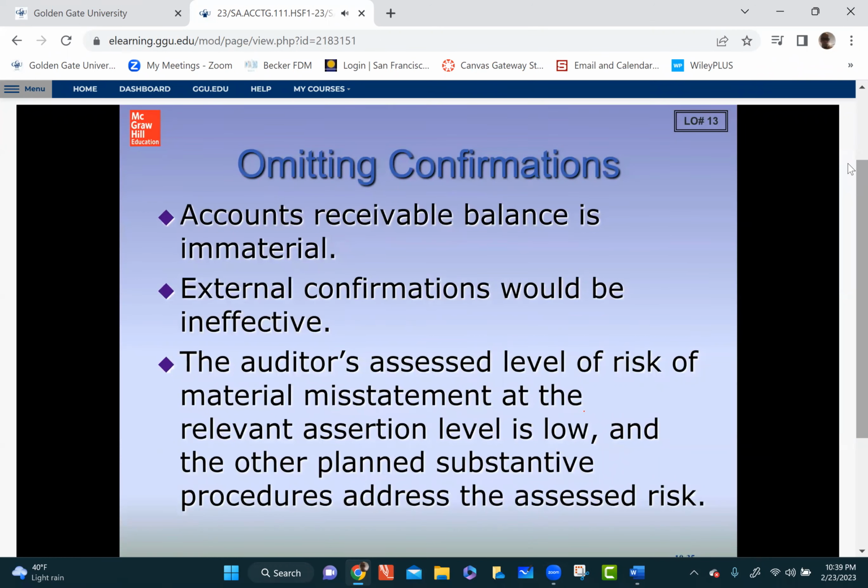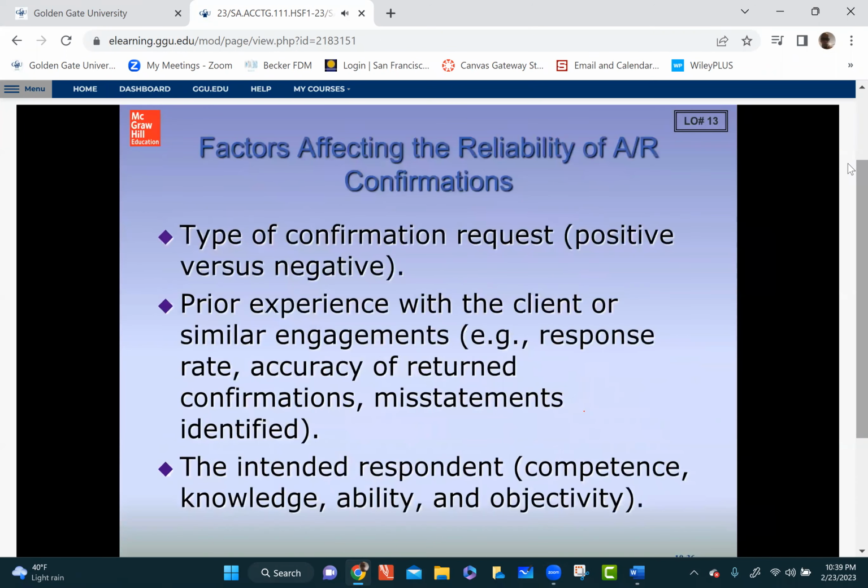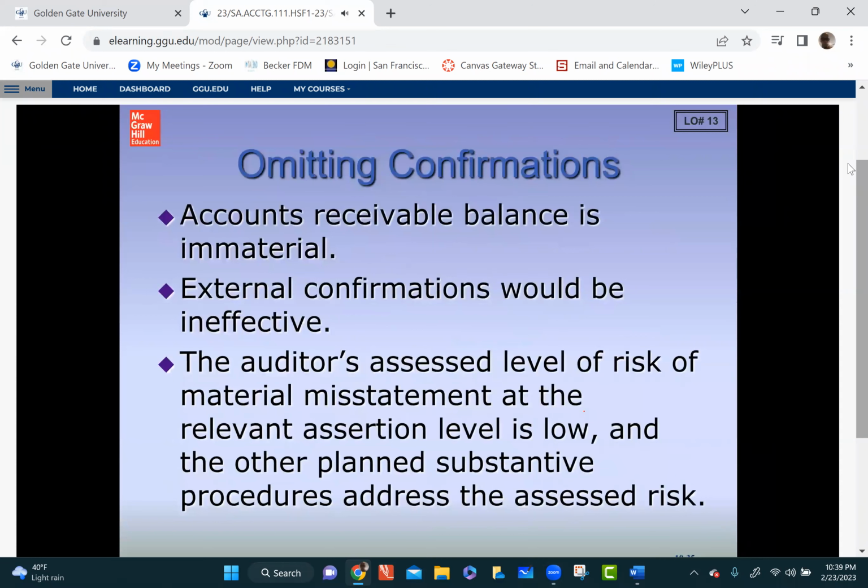Now, you could have a situation where your client asks you not to confirm the account receivable. Okay, so let's say your client says to you, last year you did confirmation and it took us weeks to get our customers comfortable that we weren't in some kind of trouble, weren't going bankrupt or something.